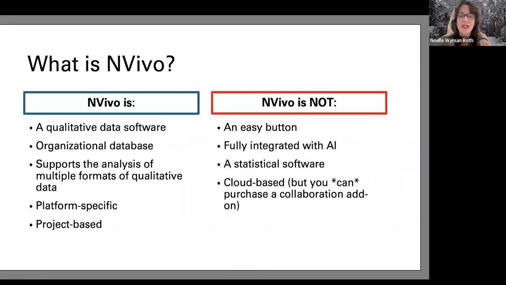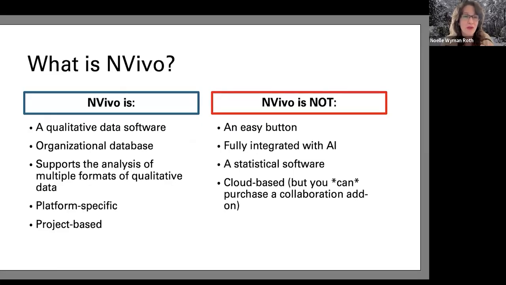NVivo is a qualitative data analysis software that organizes and supports the analysis of your data. So if you're brand new to qualitative analysis, or perhaps if you have a background in quantitative data analysis, your use of a data analysis tool may have looked a little bit different previously.